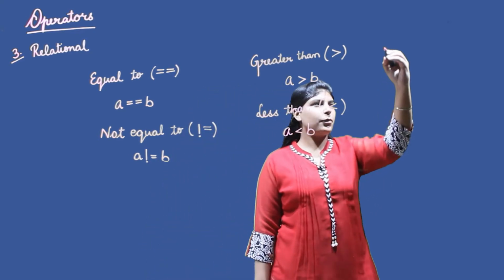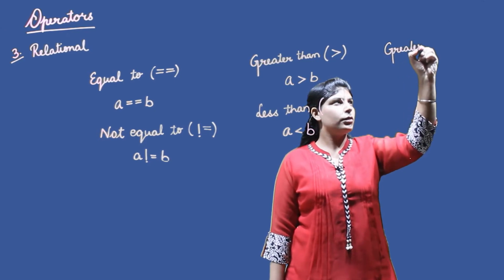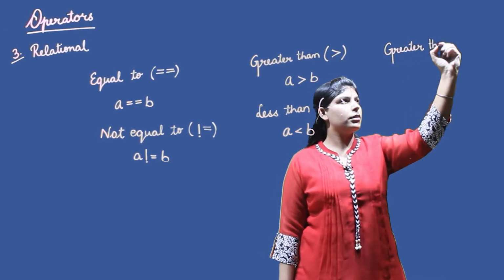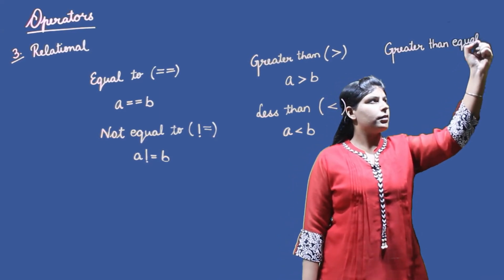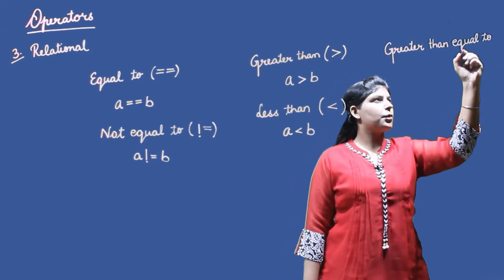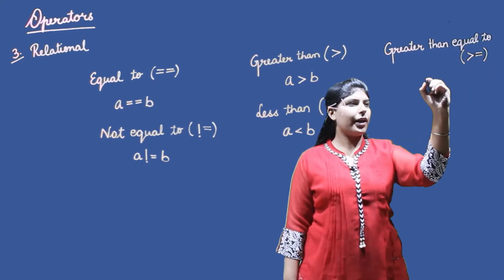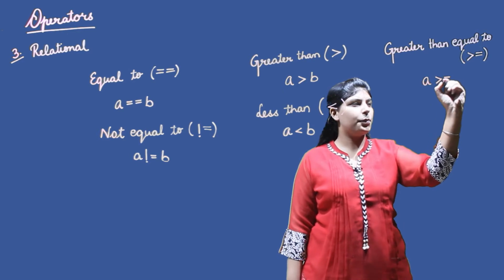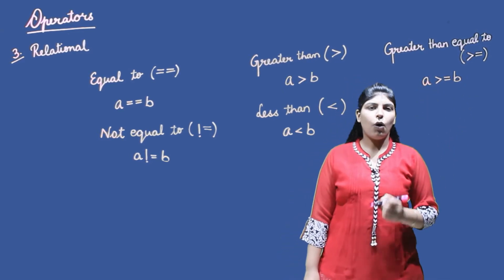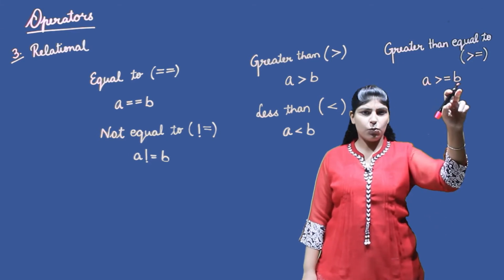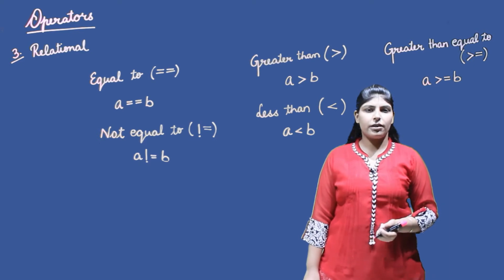The next operator we have is greater than equal to. It is denoted by a greater than sign and then an equal to sign. In this operator, if I write a greater than equal to b, if the value of variable a is greater than or equal to b, it returns true. If value of a is smaller than value of b, then it returns false.